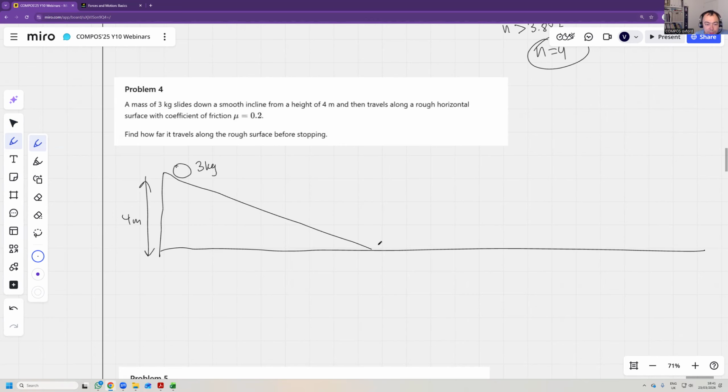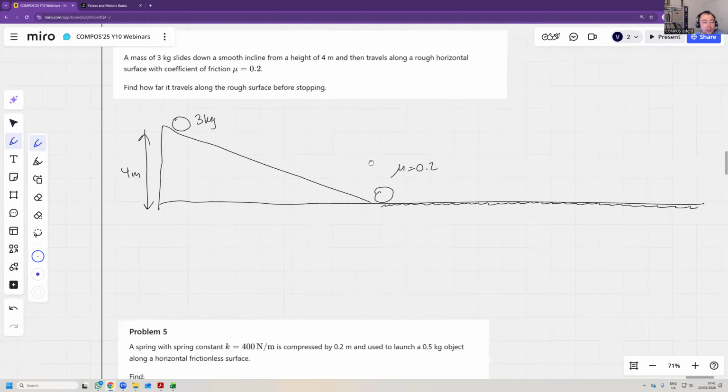Then it travels on a rough horizontal surface. So when it reaches it, it's a rough surface. And the coefficient of friction is 0.2, not that rough. How far does it travel along the rough surface before stopping? Okay.